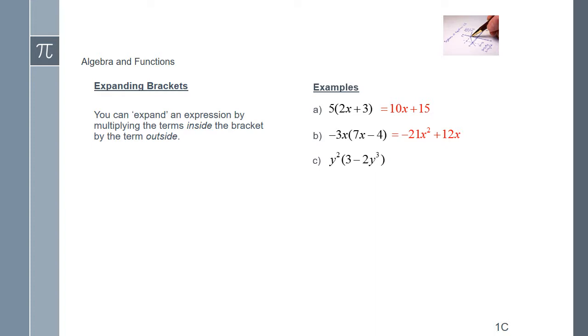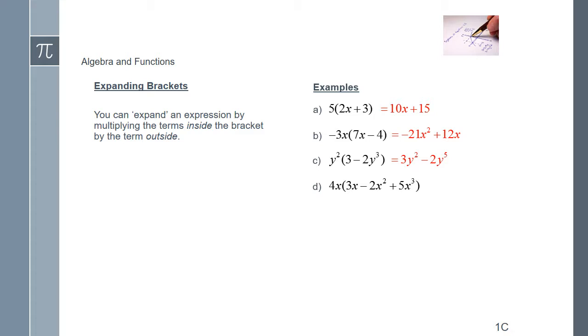y squared(3 minus 2y cubed). Using the rules of indices, we have 3 times y squared is just 3y squared. y squared times y cubed means we add the indices, so it's minus 2y to the power 5.